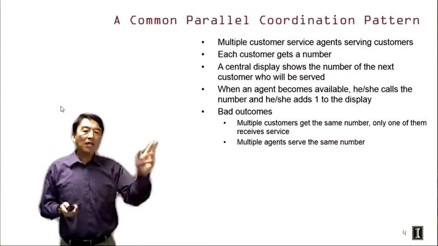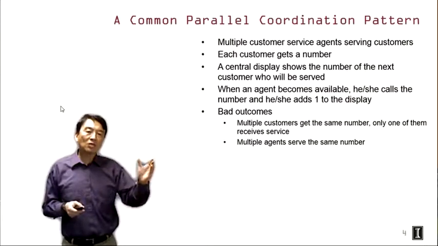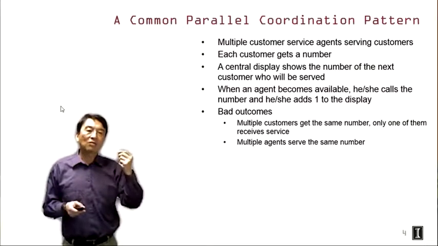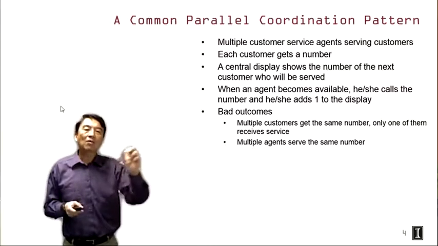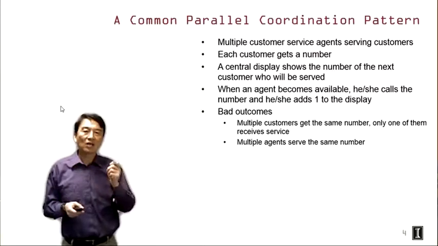A bad outcome of this kind of coordination is that when multiple customers get into the shop, somehow they all got the same number. And so when the customer service agent announces a number, multiple customers come and say, I have this number, then you have a conflict. People are not going to be happy about that.